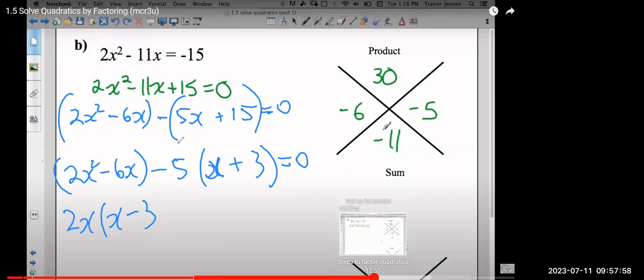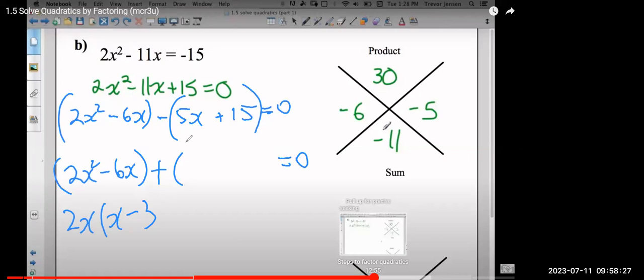Factor out. Oh, okay. I made a mistake, and the mistake was over here. That's where the mistake is. I should apply that on the inside as well.